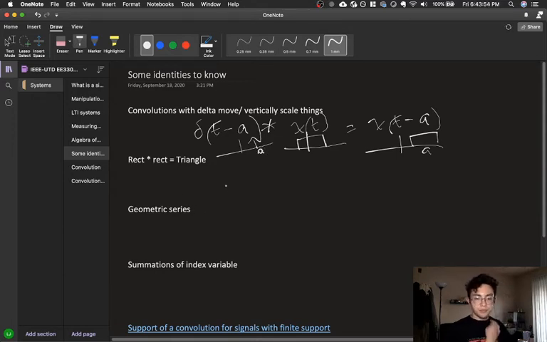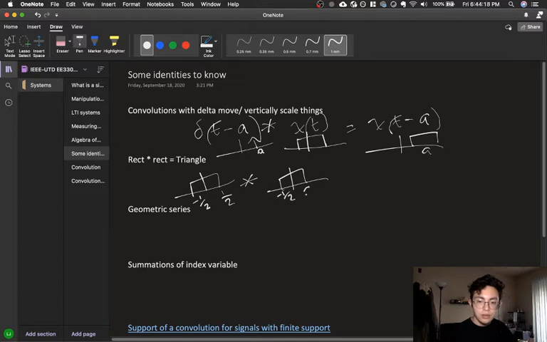Another identity that's useful for solving problems is knowing that two rectangle functions, so this box that I've been talking about, convolved with another box, where the unit box is from -1/2 to 1/2 and this one's the same, and remember that this has area of 1, will give us a triangle, which is going to be from -1 to 1.